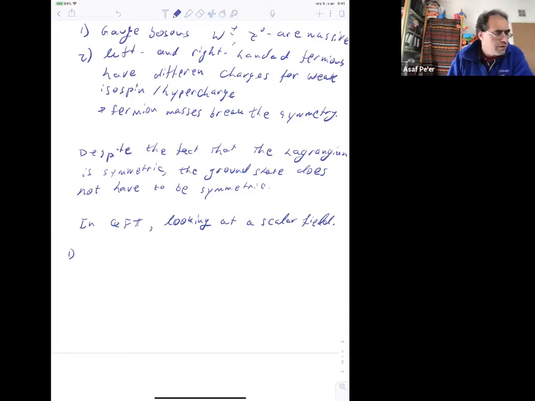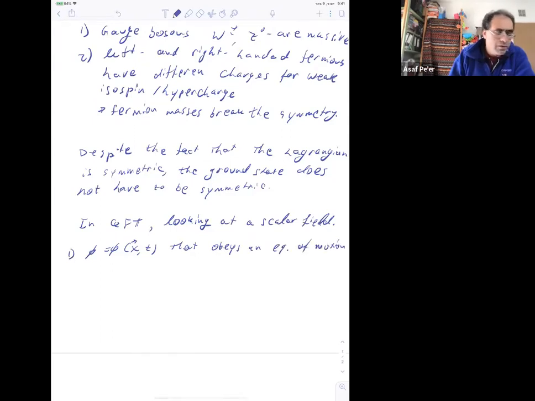The scalar field phi is a function of space and time, and it obeys some equation of motion. It can be the Klein-Gordon equation, it can be the Dirac equation. Now, the equation essentially describes some dispersion relation of a free particle. And we get to this equation by the Lagrangian.